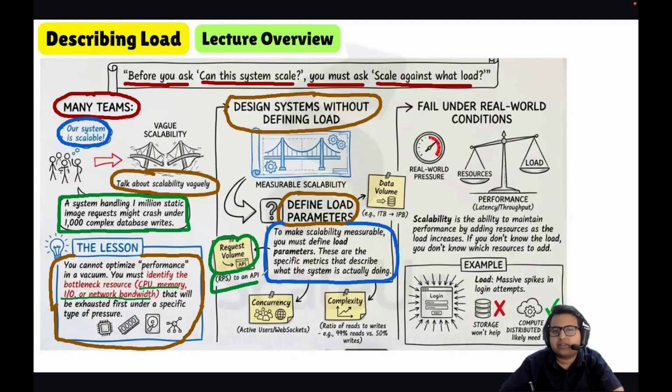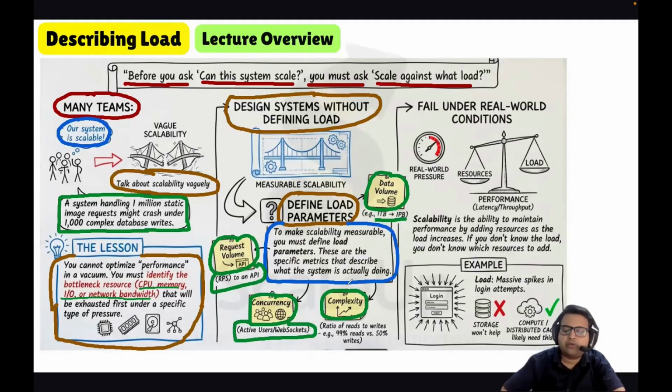Data volume, the total size of the data set, like scaling from 1 TB to 1 PB, 1 terabyte to 1 petabyte. Concurrency, the number of simultaneously active users or open web sockets. And complexity, the ratio of reads to writes.